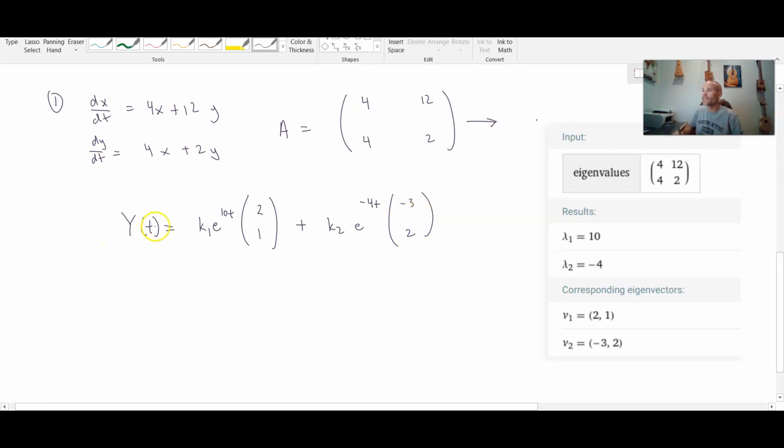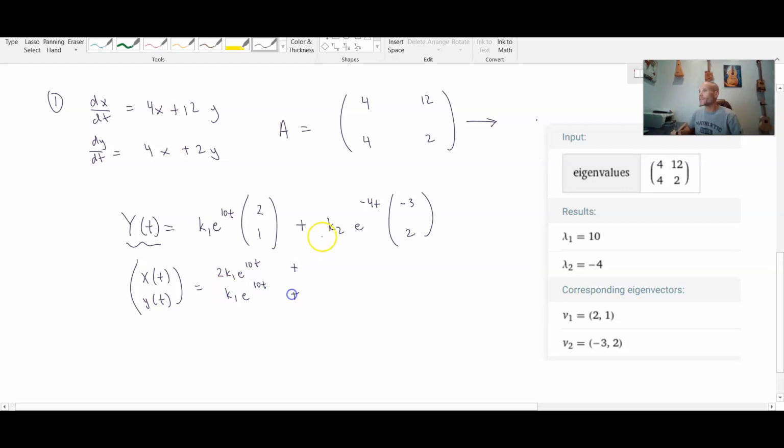And of course, we could write these in scalar form, because what's in the capital Y vector are the functions x of t and y of t. So that's this vector here. Then we can distribute and write 2k1 e to the 10t for the top component, and then 1k1, or just k1 e to the 10t.